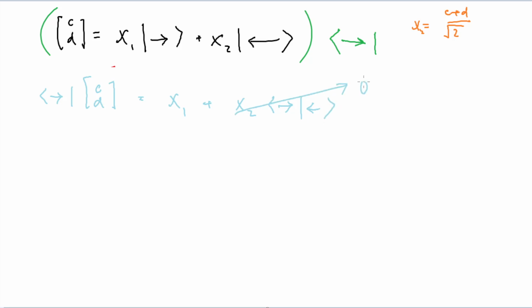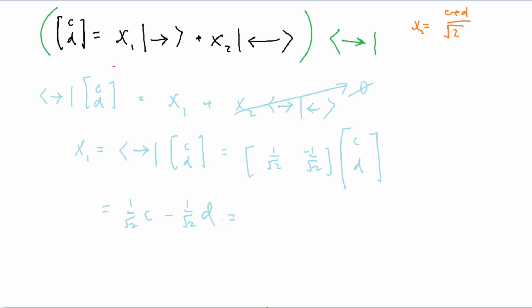This again goes to 0, and what we had here, when you multiply it by itself, is equal to 1. And so we have x1 is equal to this CD, which, when written out, is equal to 1 over root 2, negative 1 over root 2, multiplied by the ket CD. Continuing on the same line, we end up with 1 over root 2 C minus 1 over root 2 D, which becomes C minus D over root 2. And now we have just solved for x1.